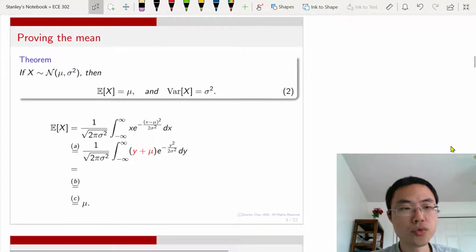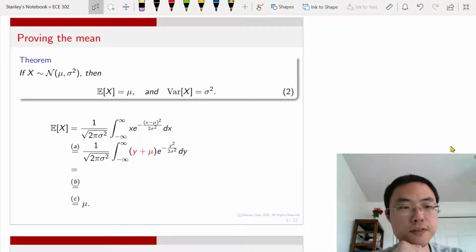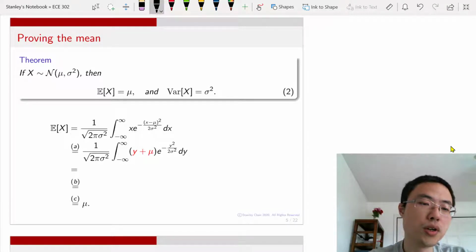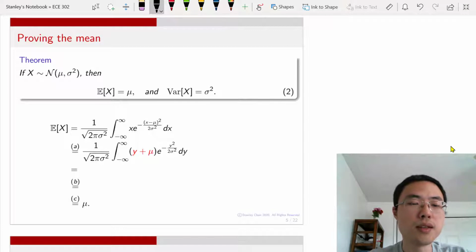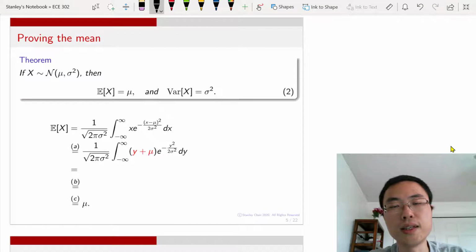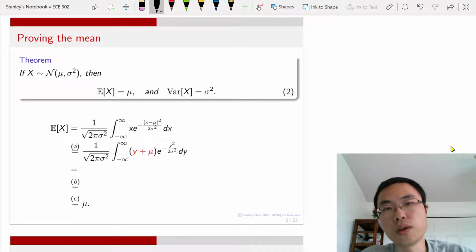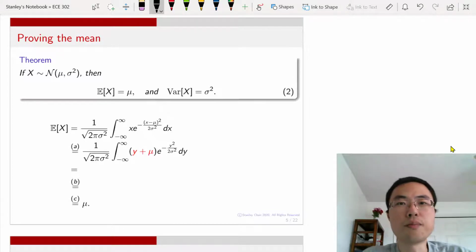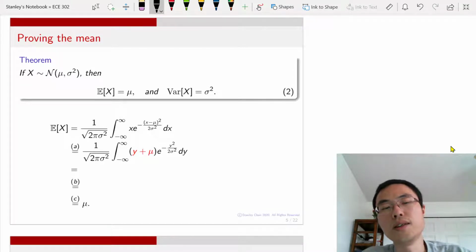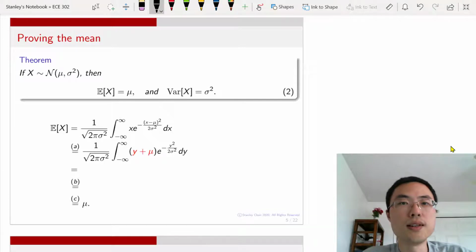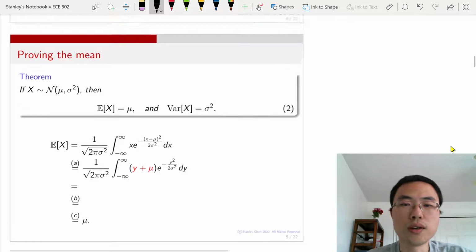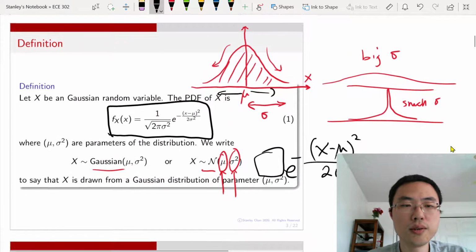Let us try to derive some properties of the Gaussian random variable. In particular, we want to prove that the mean of the Gaussian random variable is indeed mu, and the variance is indeed sigma squared. Now you may wonder, isn't it just given by the picture already? The answer is that we have never actually proved that the mean and the variance are mu and sigma squared.